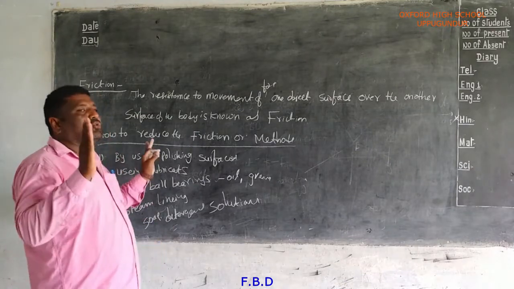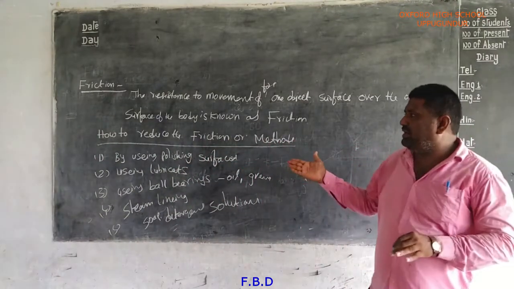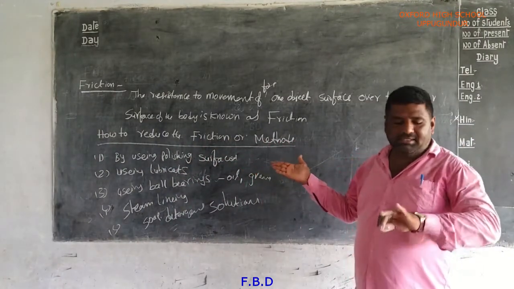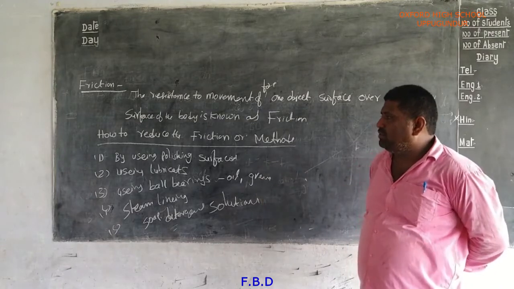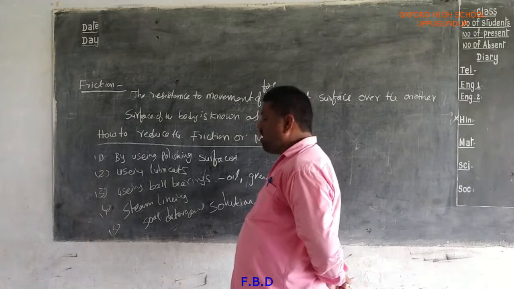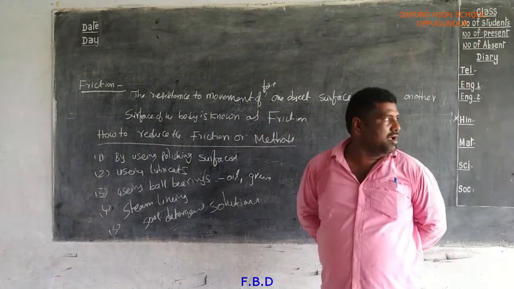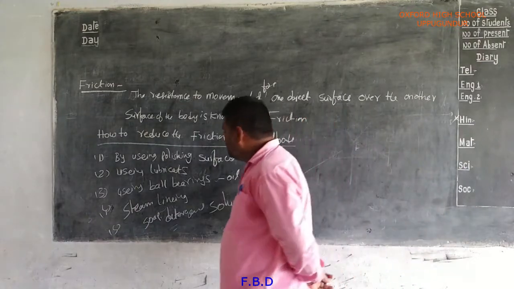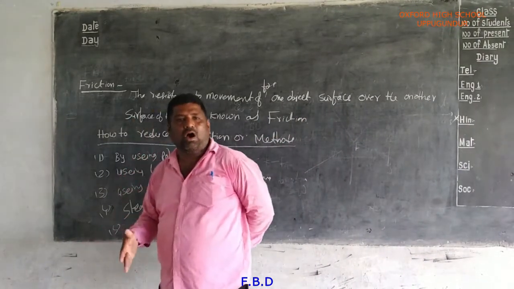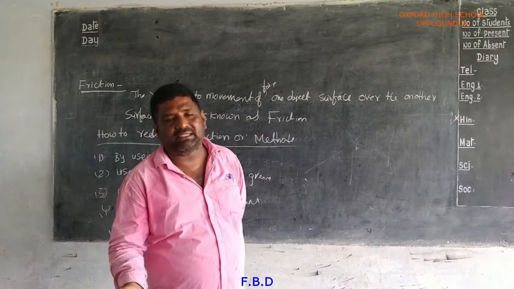Next, how to reduce the friction using different methods. First one is using polished surfaces, second is lubricants, third is ball bearings, and then soap and detergent solutions, and also streamlined objects. So these are the methods of reducing friction.